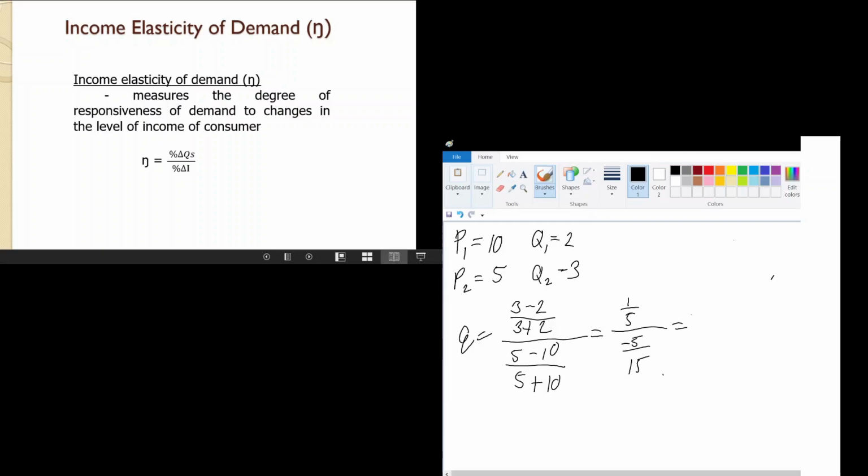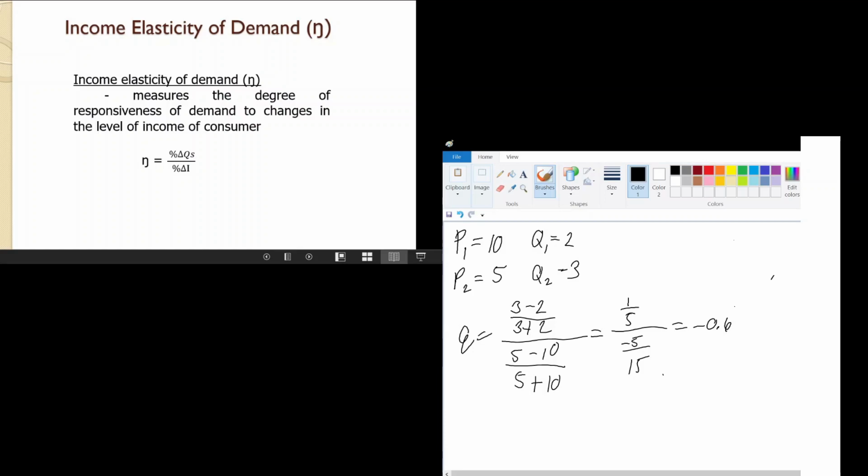So, sige, try nyo ngang isolve kung ano yung makukuha nyong sagot. So, when you input it in calculator, you should have an answer of negative 0.6. Okay, so yun ba yung nakuha nyong answer?